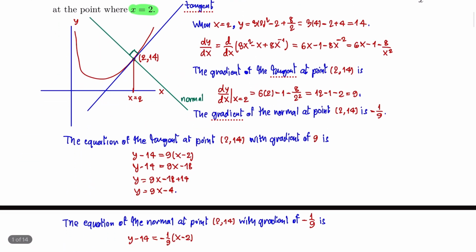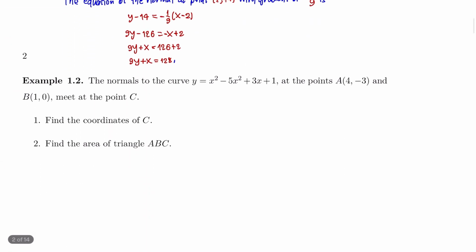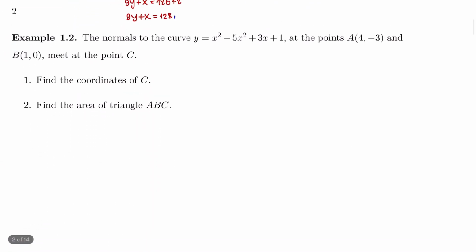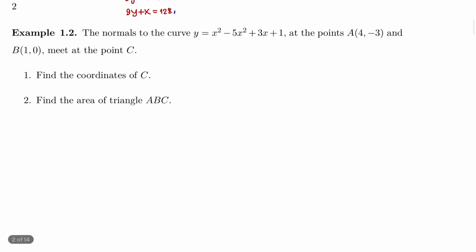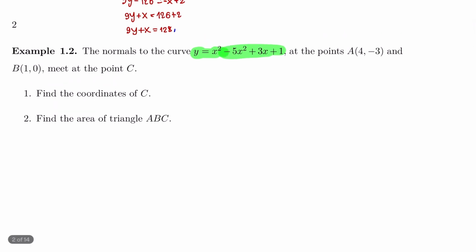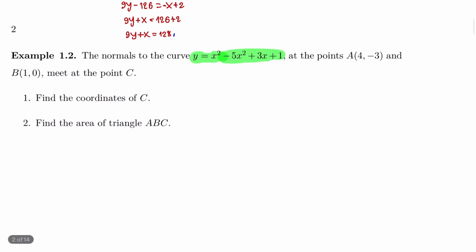If you have some time, let's try example 1.2. We have the curve y equal to x squared minus 5x squared plus 3x plus 1, at point A, 4, 3, and point B, 1, 0.